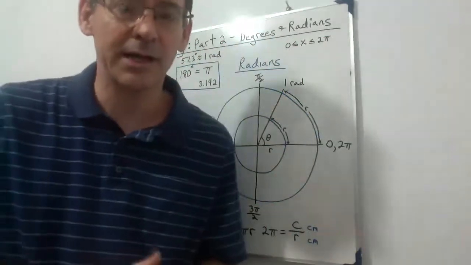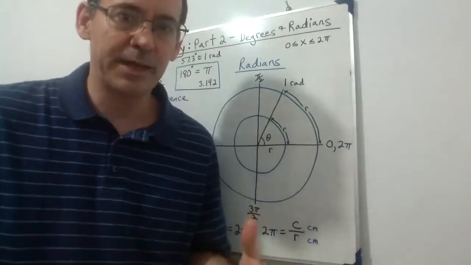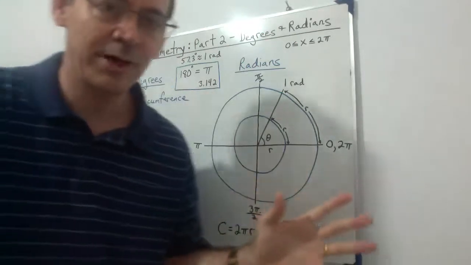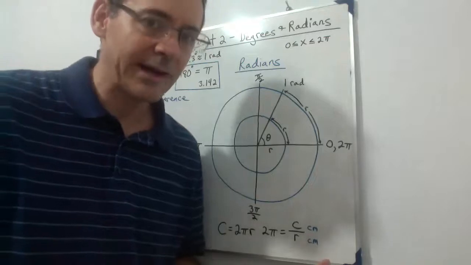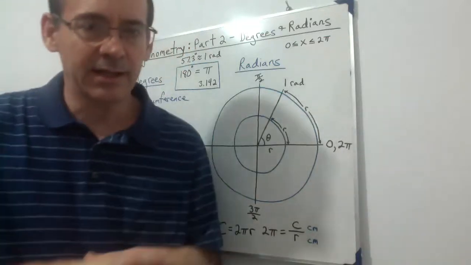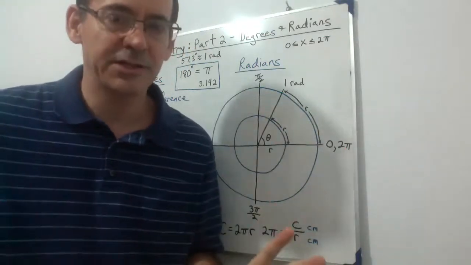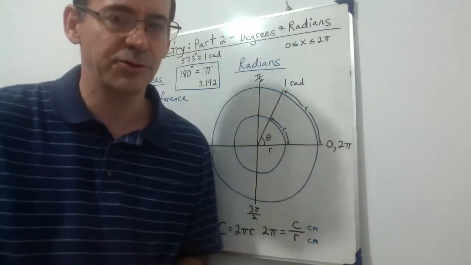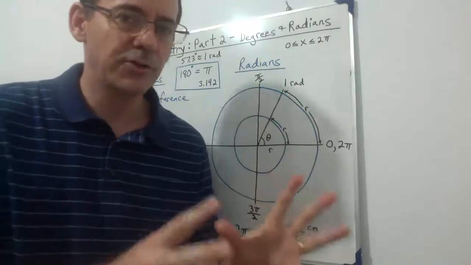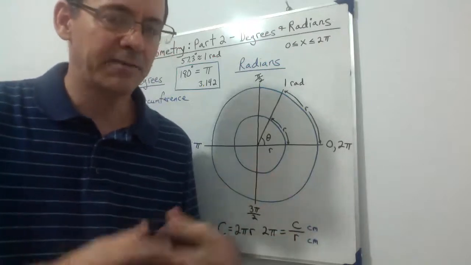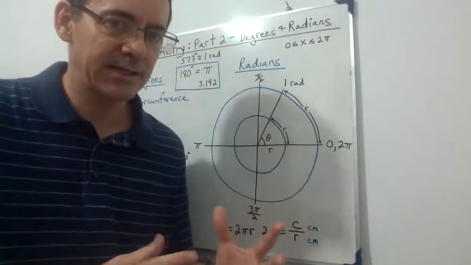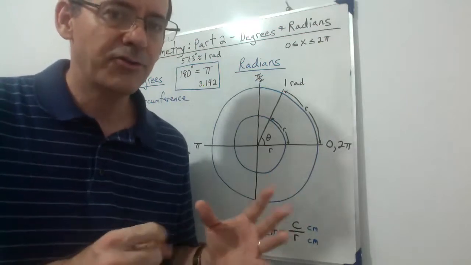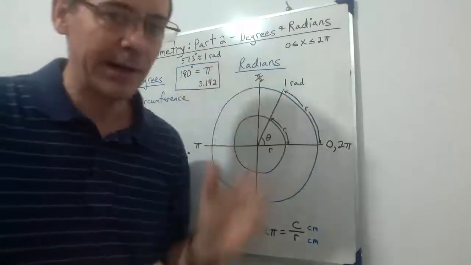So in part 1, we covered some of the basics. We reviewed SOH CAH TOA, we reviewed special triangles, and then we got into an explanation of the unit circle. So what we want to do in part 2 is take a closer look at those special triangles again, and also degrees and radians.